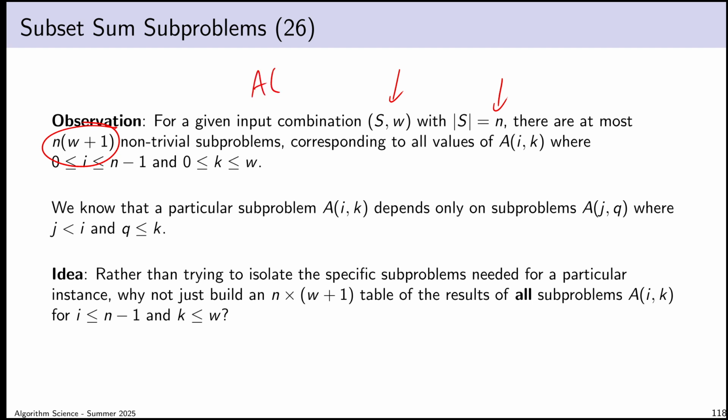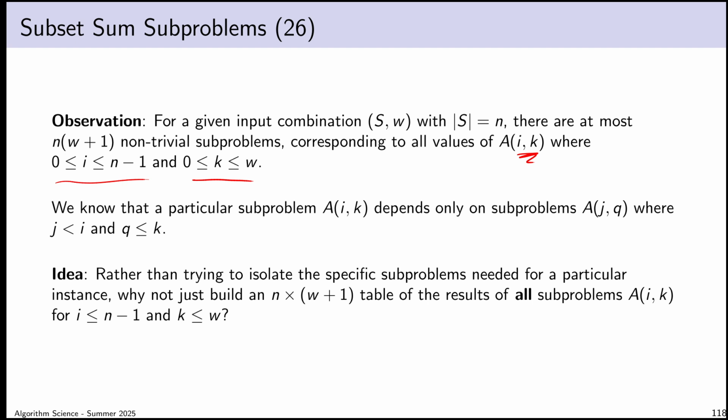If our goal is A39, then I know that A31000 is never going to help me. That clearly will never be relevant. If you ask me whether A15 will be relevant, it's hard to tell at a glance, but it's possible because i is less than 3 and k is less than w. So if I think of all the subproblems that are ever possibly relevant, there are at most n times (w plus 1), which corresponds to all possible combinations of i and k, where i is less than or equal to n minus 1 and k is less than or equal to w.